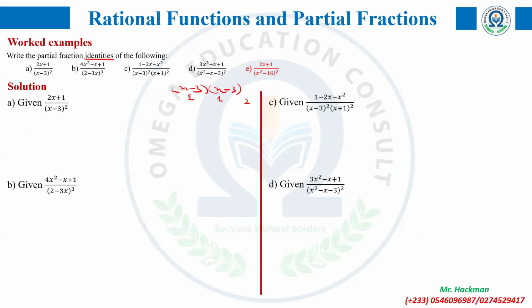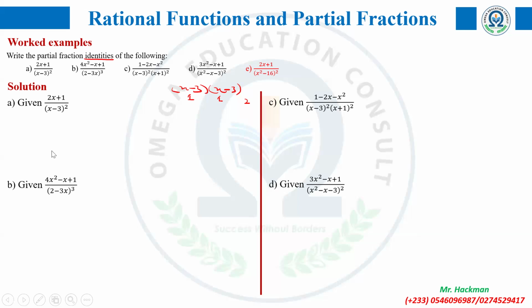So if that's the case, then I can move on. But here we were determining the degree of the original rational function, whether it is proper or improper. We said this is proper because degree here is 1, degree here is 2, because if you expand this, the highest power of your denominator will be 2.